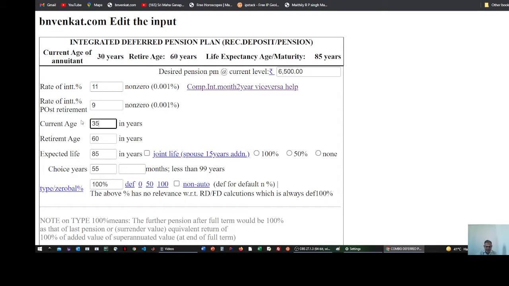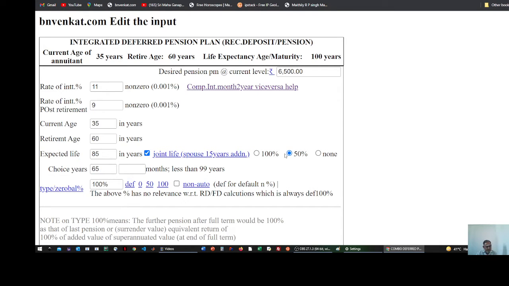Current age is 35, retirement age 60, expected life of the annuitant is 85 years. And let us have joint life with 50% to spouse.